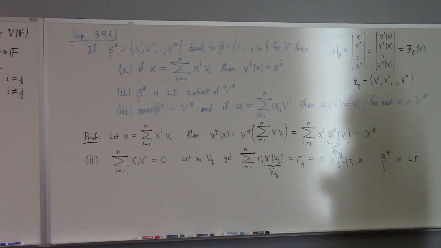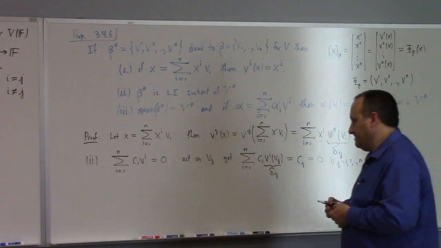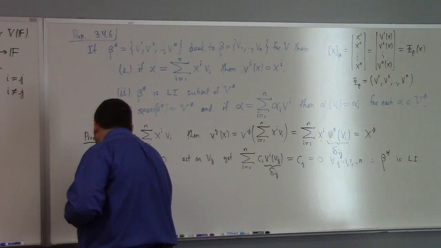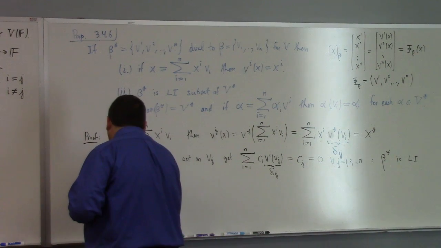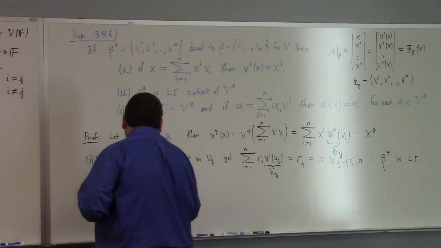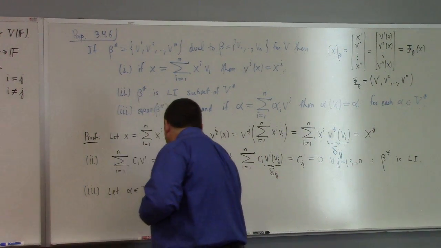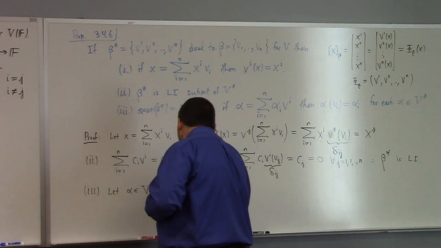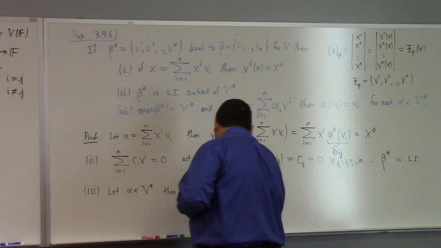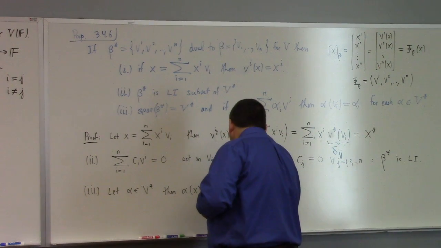How about spanning? How can we prove spanning? All right, so let alpha be an element of the dual space. Then alpha of x is equal to alpha of the sum i equals 1 to n of x sub i v sub i.